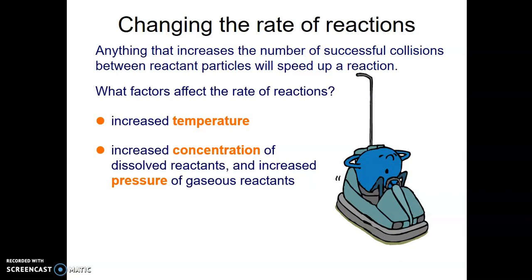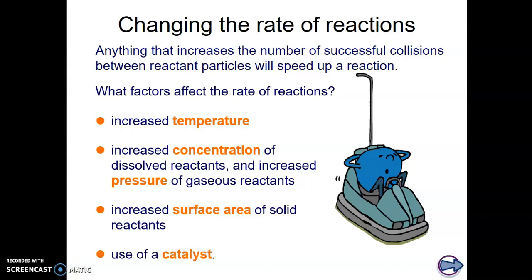If you increase the concentration or the pressure of the involved reactants, concentration if they are liquids or dissolved, and pressure if they are gas, that will speed up a reaction. Increasing the surface area if they are solids, or using what we call a catalyst. Again, there'll be more information on these just shortly. But you do need to remember those 5 factors. 5 things that can affect the rate of reaction: temperature, concentration, pressure, surface area, catalysts.